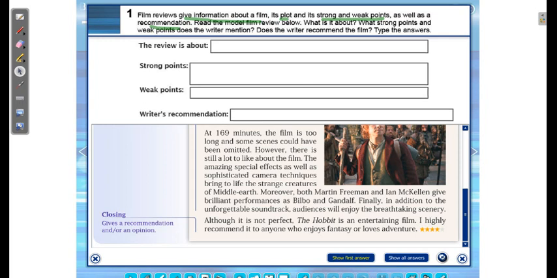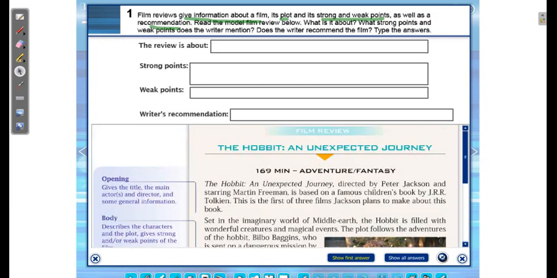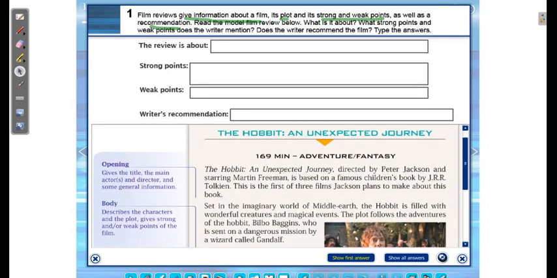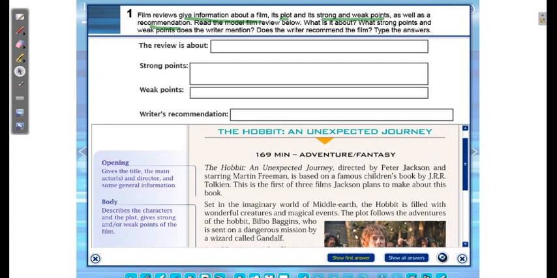As you see, the film review is structured in 3 parts. An opening where we have the title, the main actors, the director, and some general information. Then we have the body.